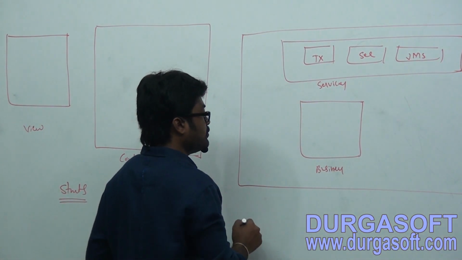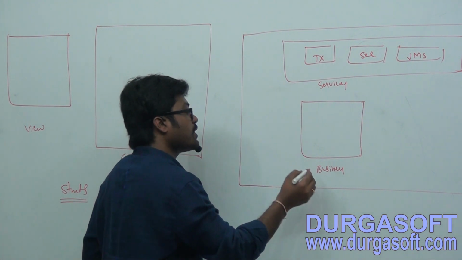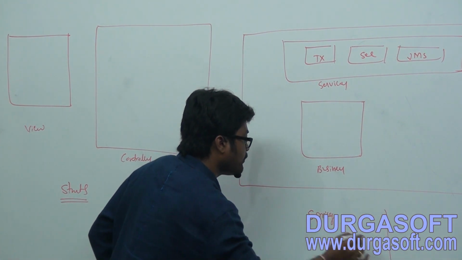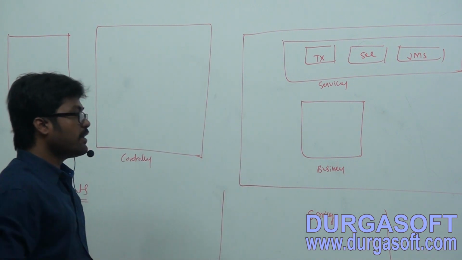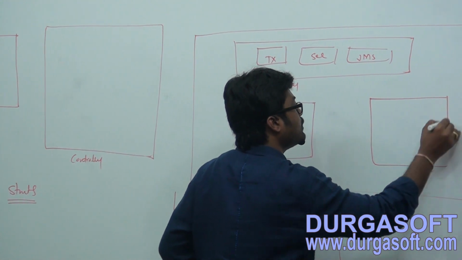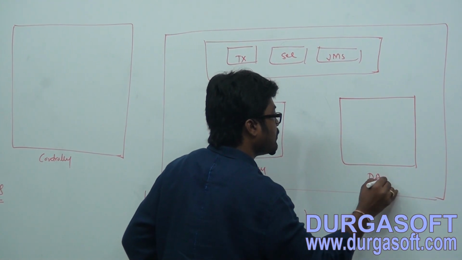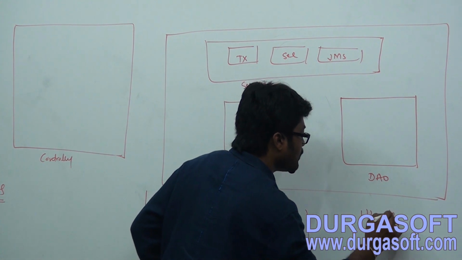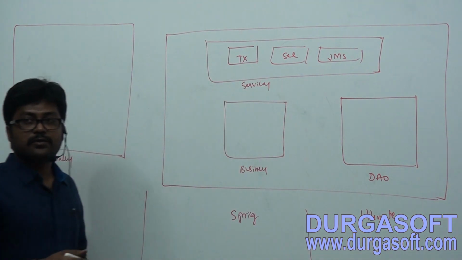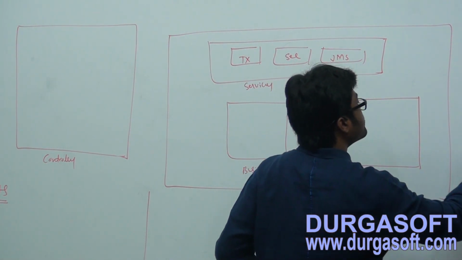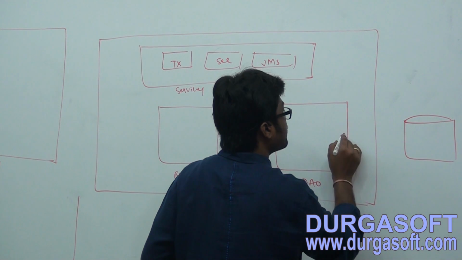We can use Spring for the business layer also, and I'll show you how to develop this layer using Spring. And for the back end DAO layer, the data access part, you can use Hibernate or any other ORM here. So finally we are going to do the project using the combination of Struts, Spring and Hibernate.